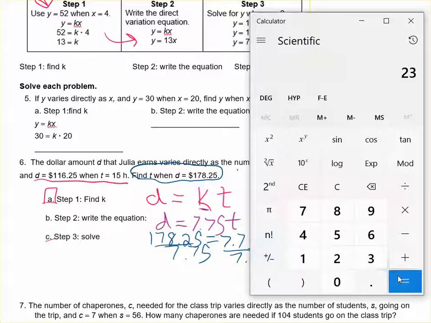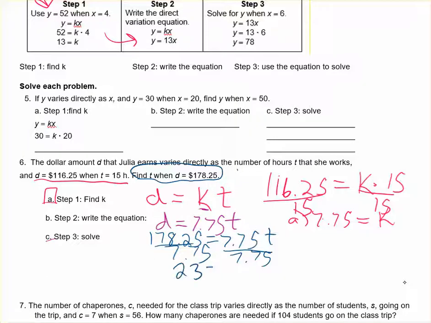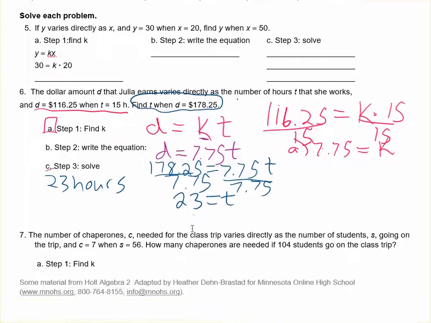And we get 23. 23 equals t. And t was in hours, so I would write 23 hours for this. And that's how you'll solve these problems. And there's a few more that you'll do the same thing.